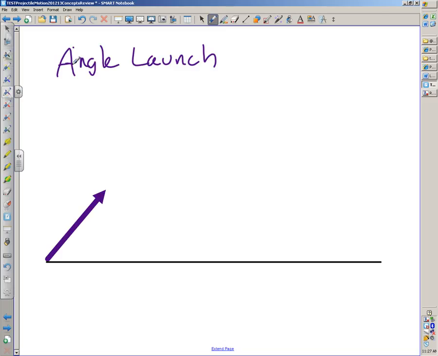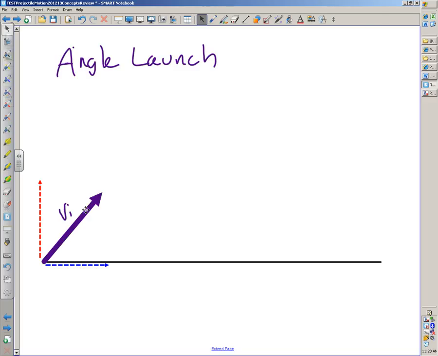Okay, this purple line, the initial velocity of this projectile, is really a combination of 2 things. This projectile is moving horizontally, but it's also moving vertically at the same time. The combined effect of that is this purple velocity here.